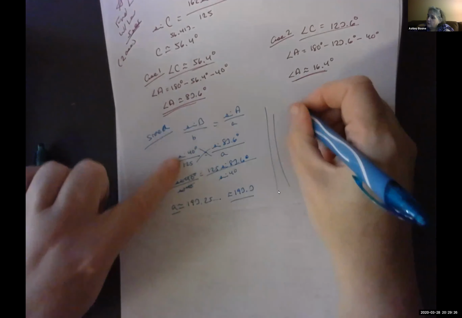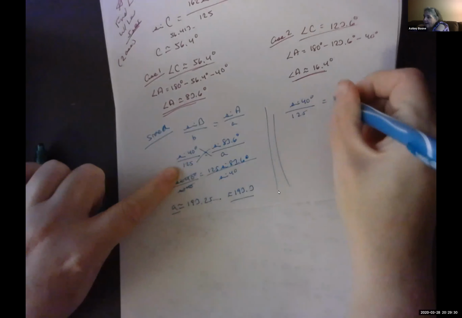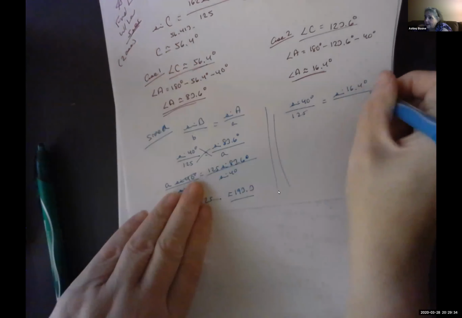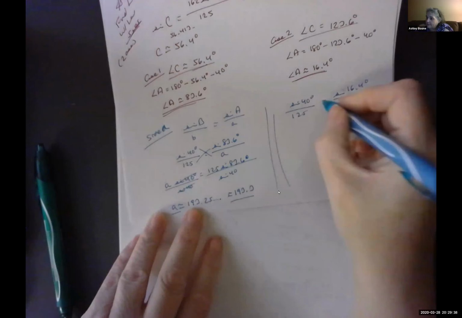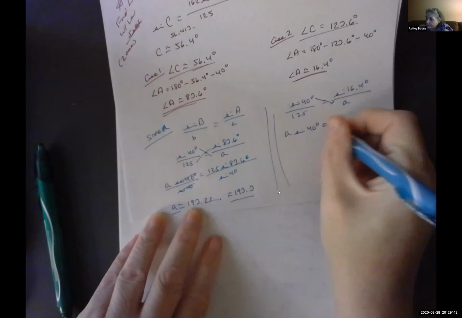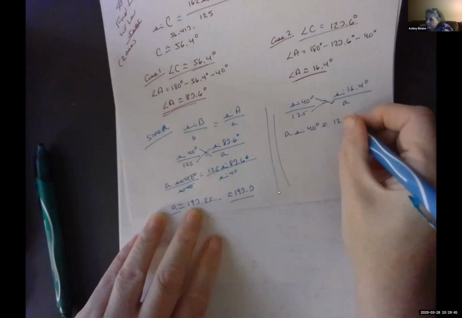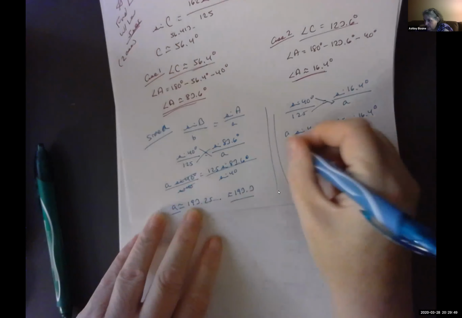The sine of 40 degrees is to 125 as the sine of A is to side A. So we cross multiply. Divide by sine of 40 degrees.